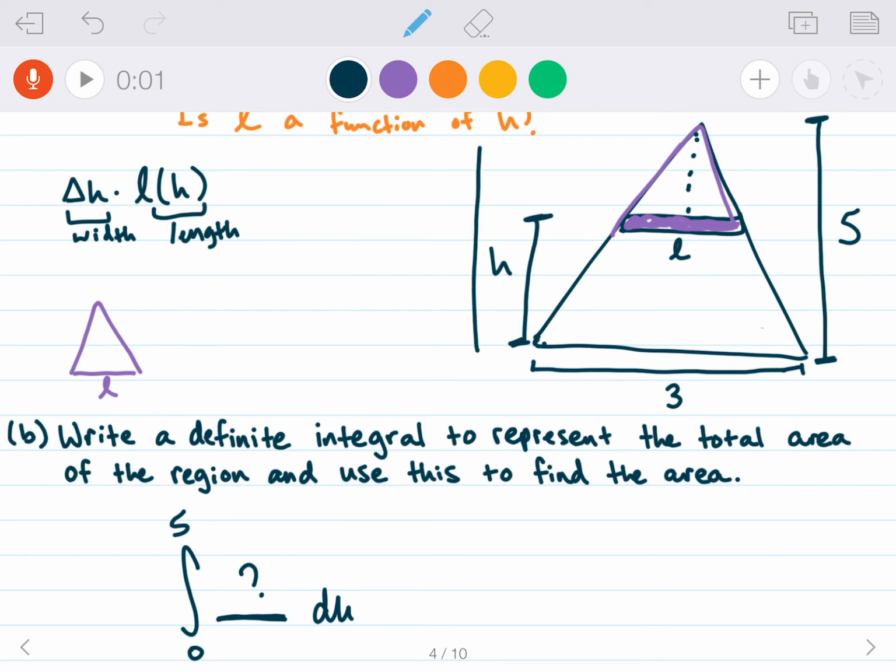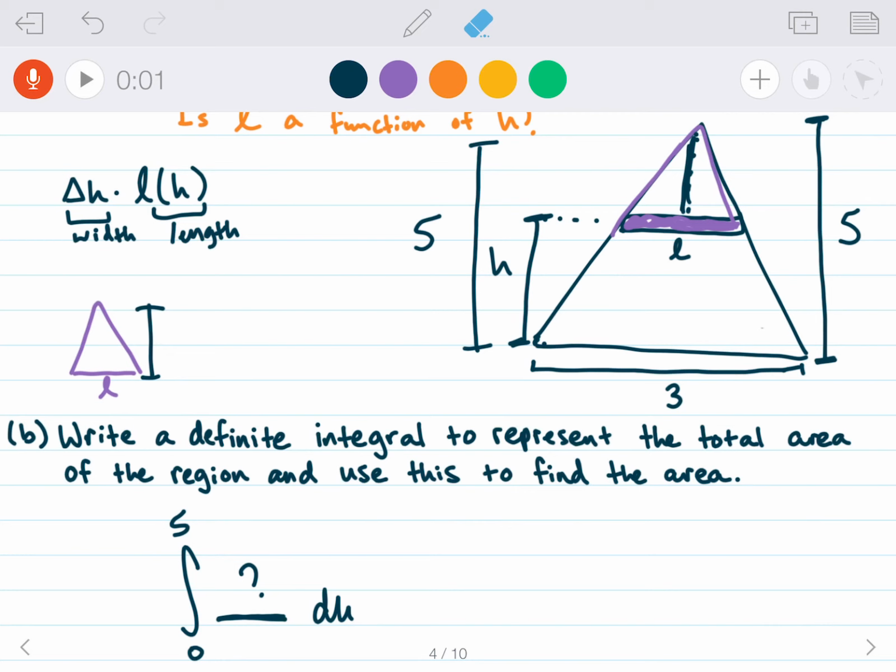Maybe if I draw it on this side, you'll be able to see it more. If the whole thing from top to bottom is 5, and just from here to here is h, then of course what's left over is going to be 5 minus h. All right, so this thing has a height of 5 minus h. Cool.